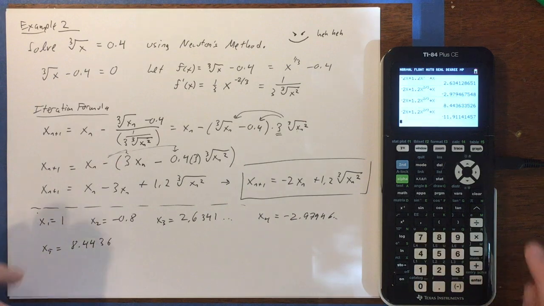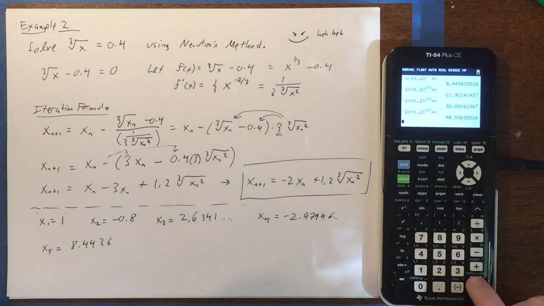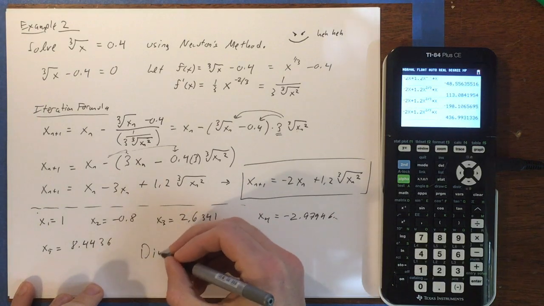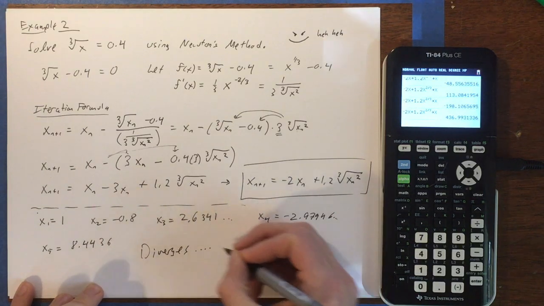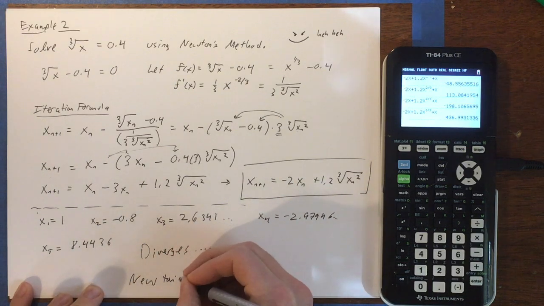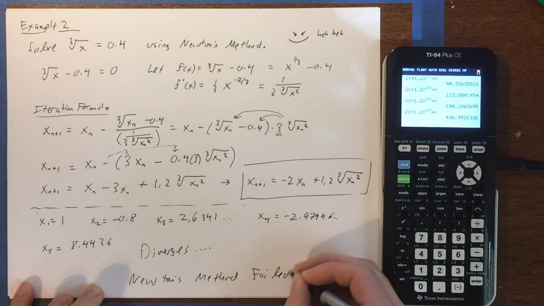I'm not even going to bother writing these down any longer. This is kind of crazy. What's going on here? Those aren't converging on anything. I'm pretty sure this just doesn't work. This sequence of numbers diverges instead of converging. So in this situation, Newton's method failed. What the heck, Newton?